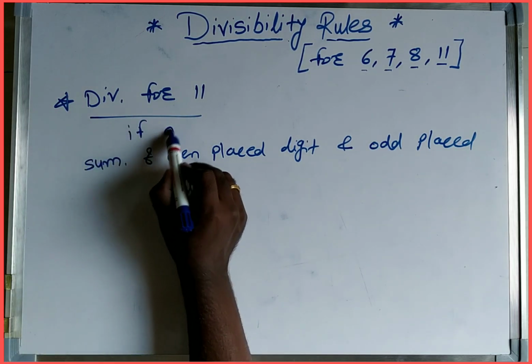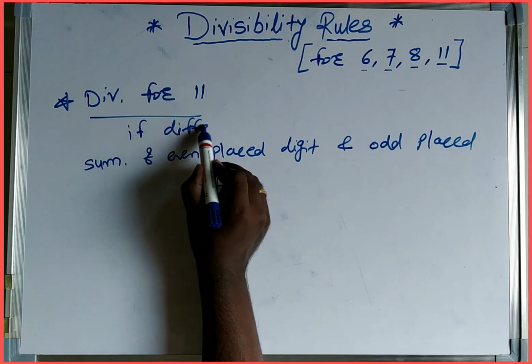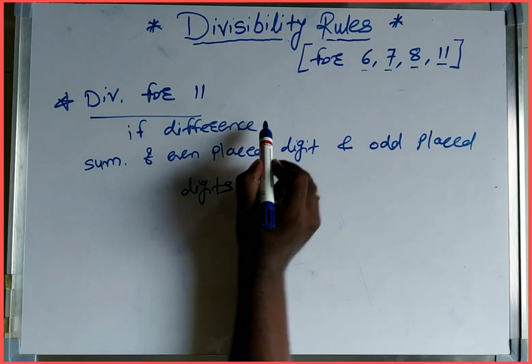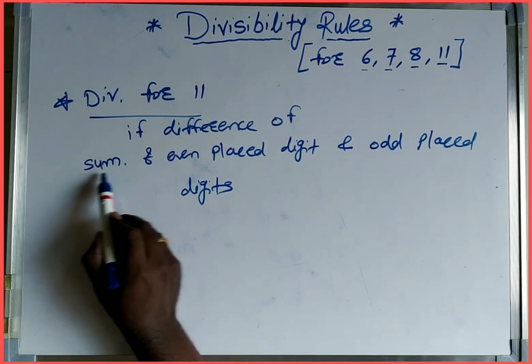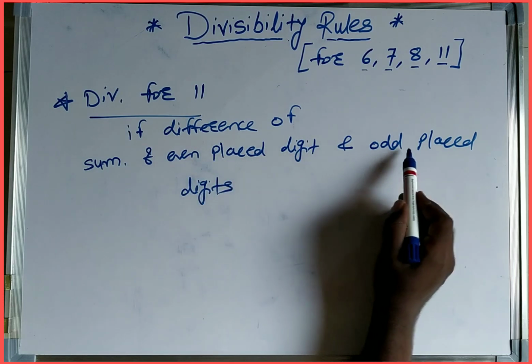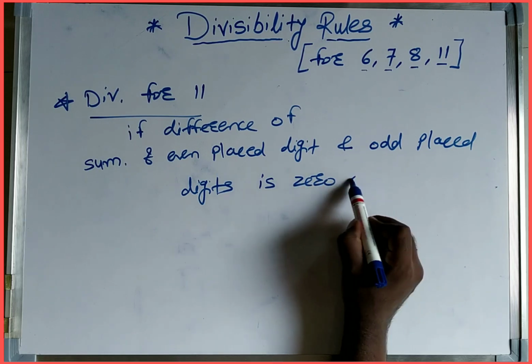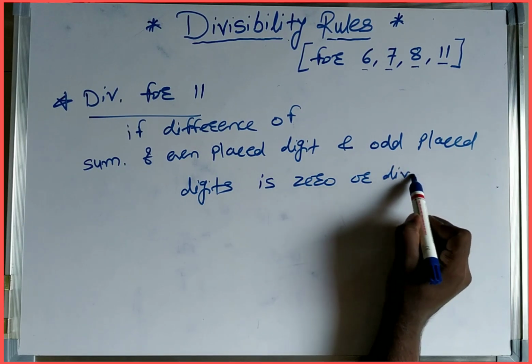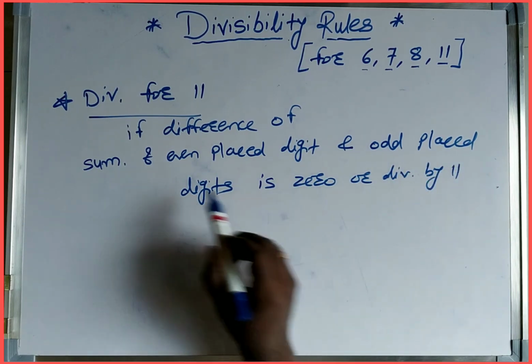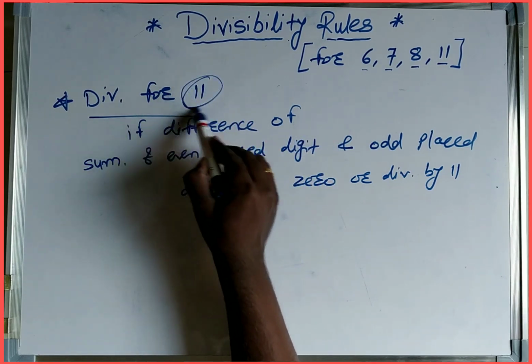If the difference of the sum of even placed digits and the sum of odd placed digits is 0 or divisible by 11, then the whole number is divisible by 11.